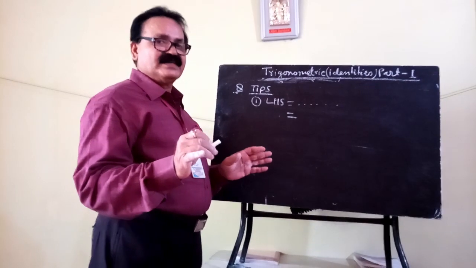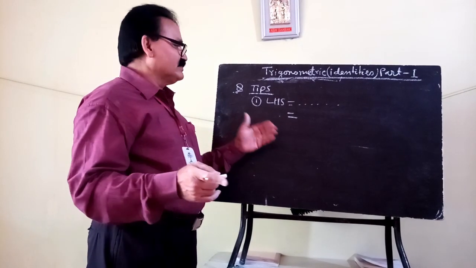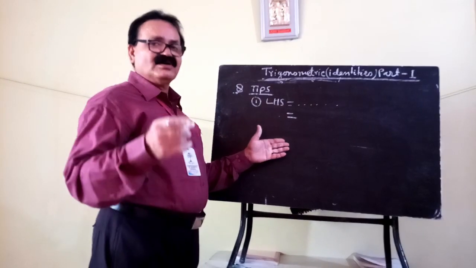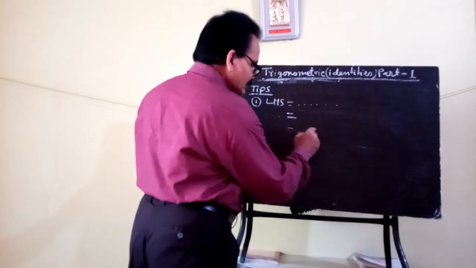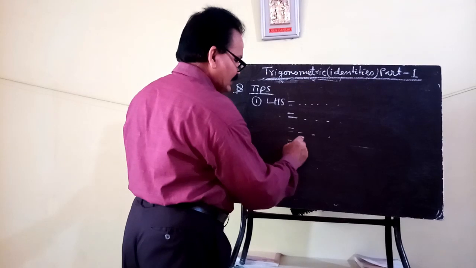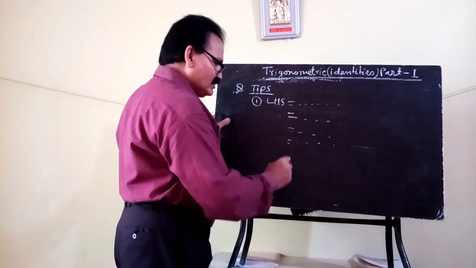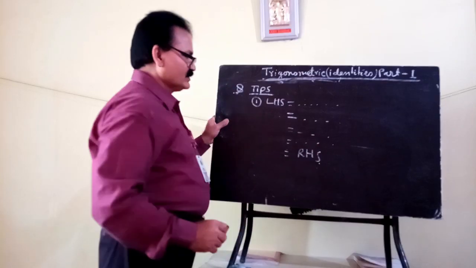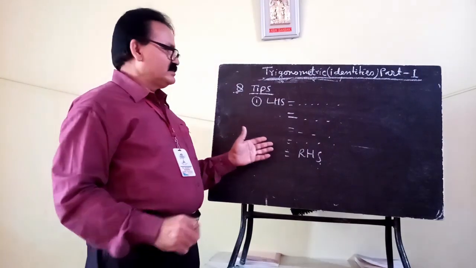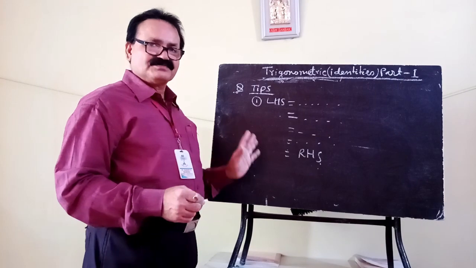Accordingly you use various identities or relations. After using them, you get the final answer, which is your RHS. So this is one type of question.